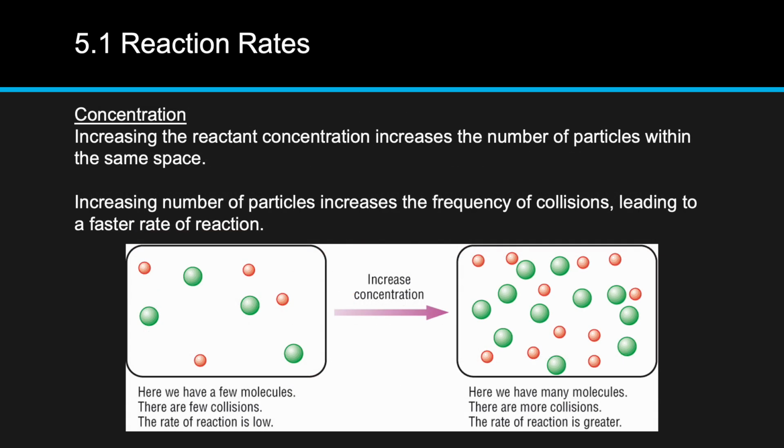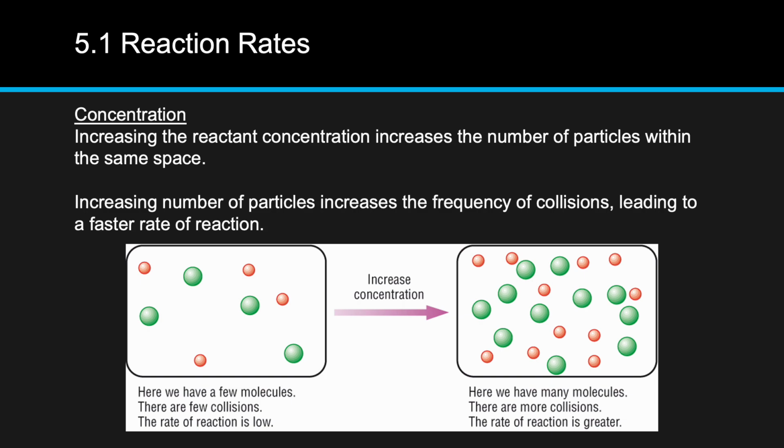Let's dive a little deeper into those 4 different factors. First up is concentration. By increasing reactant concentration, you're putting more particles in the same amount of space. You can see in this figure on the bottom here, we have few molecules with few collisions and a low reaction rate.